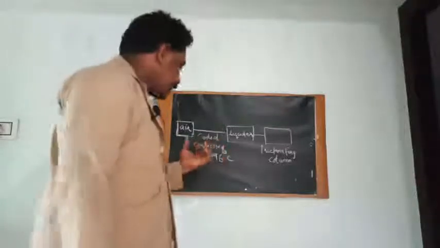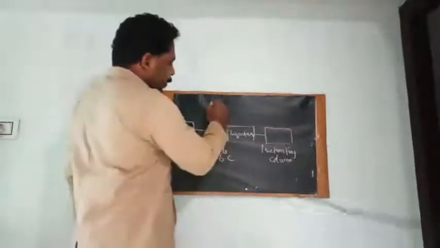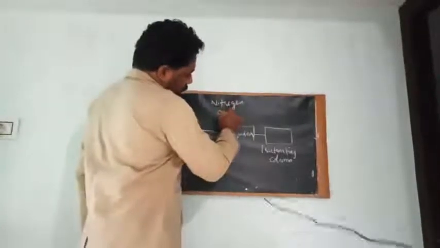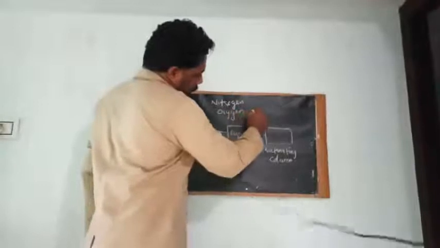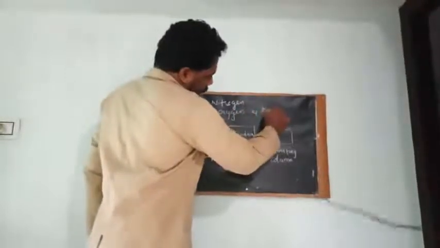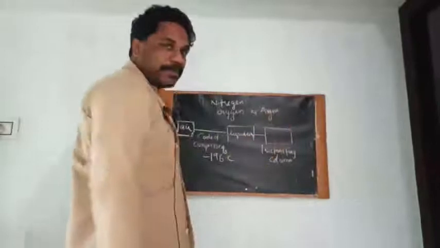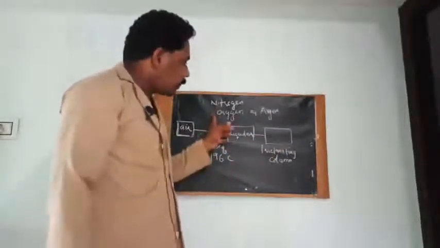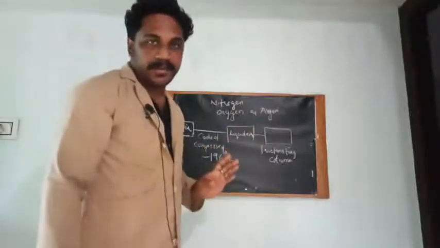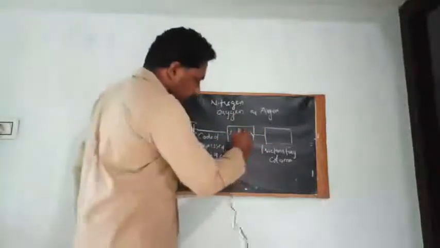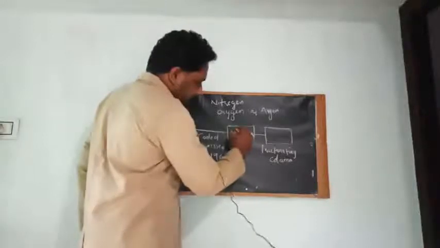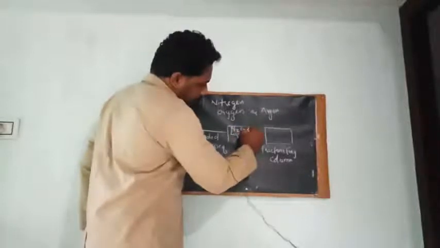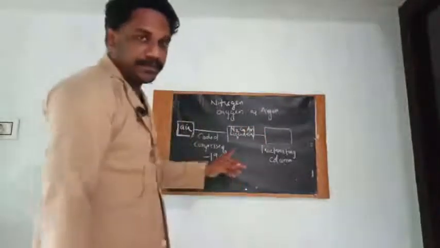What happens to the gases? Which gases? Nitrogen, oxygen and argon. What happens to these gases at this temperature or below this temperature? All these gases will be liquefied, right? So you will have the gases nitrogen, oxygen and argon in the liquid state here.